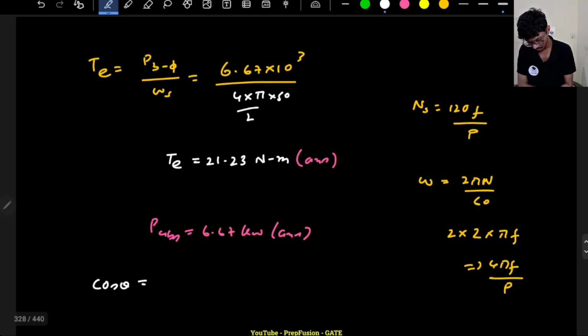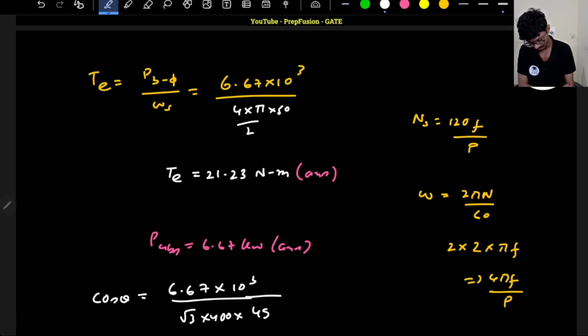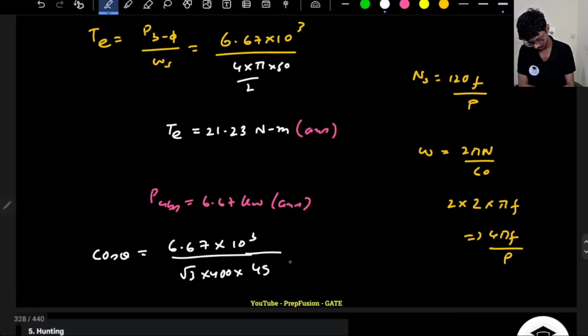Cos theta will be power 6.67 kilowatt divided by VL into IL, root 3 into VL, that is 400, into current, which is 49.49 amperes, I guess, 49.06.